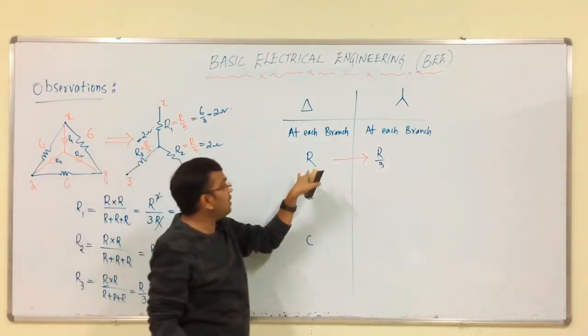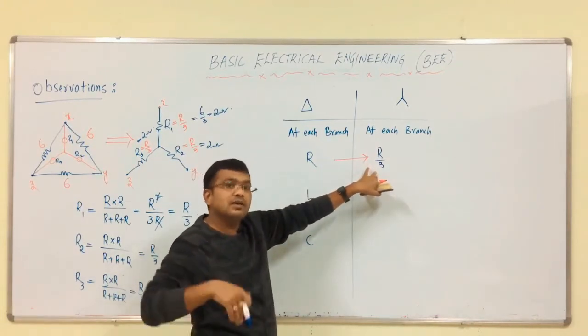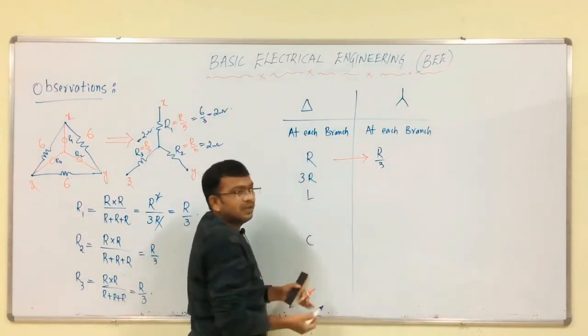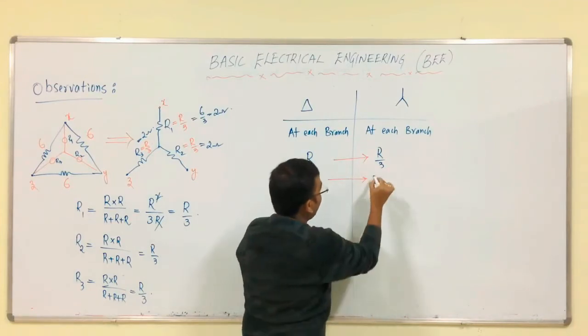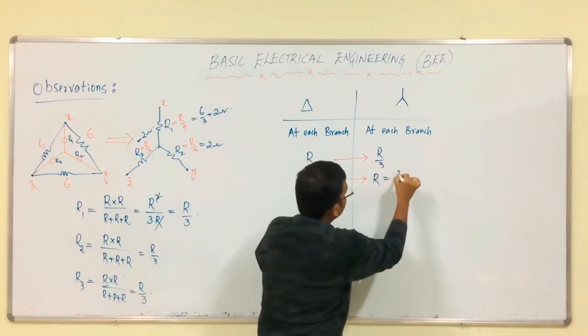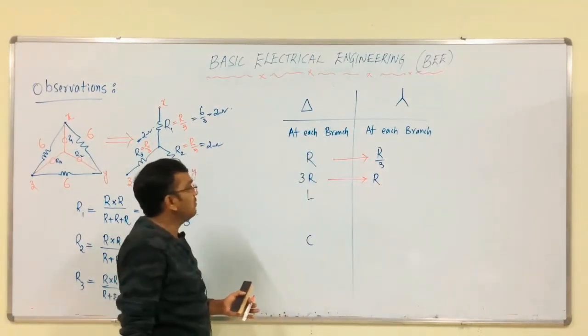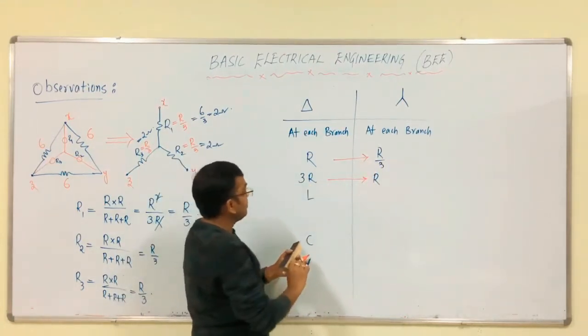So we have R in delta, but R by 3 in star. For example, if it is 3R in delta, then in star it is 3R by 3, which is R. If it is R, then R by 3, or if it is 3R, then R. Clear?